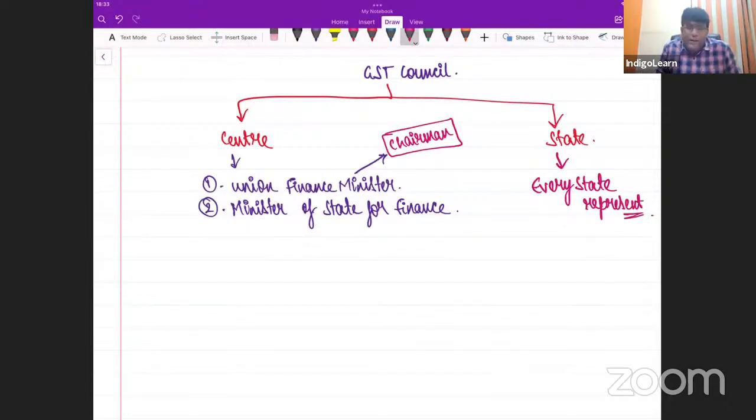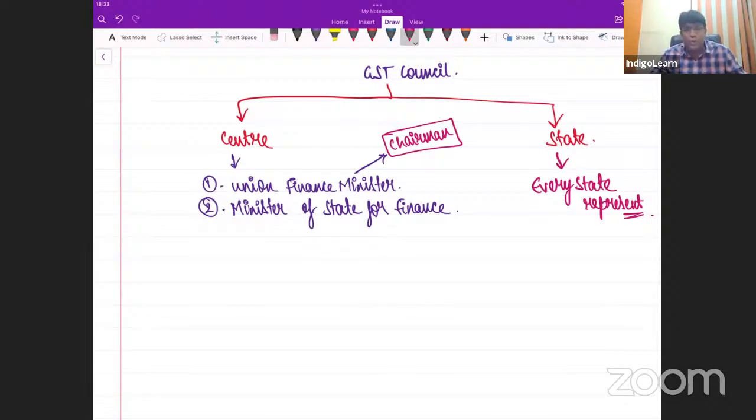Don't think that every state finance minister must come. It can be a finance minister, chief minister, or any person, but from every state, one representative should come. So who is there in the GST Council? From the center side, two members: Union Finance Minister and Minister of State for Finance. And from the state side, one representative from every state.